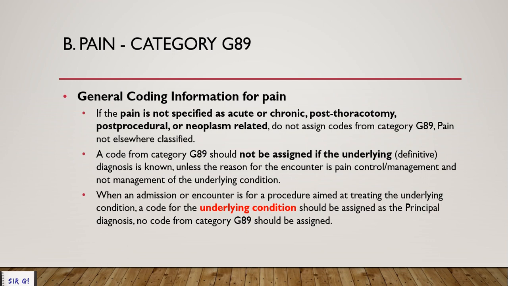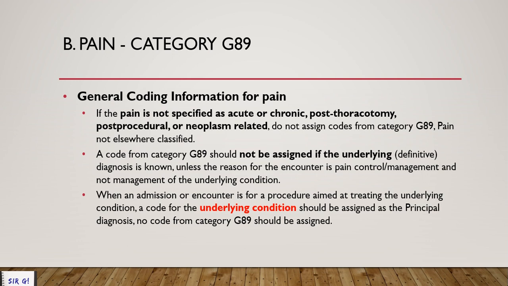You can only code G89 if you see in the diagnosis the words acute or chronic pain, post-thoracotomy pain, post-procedural pain, or neoplasm-related pain. That's the opposite, because you cannot code them without those words. So if you cannot see those words, as per the guideline, do not assign G89.